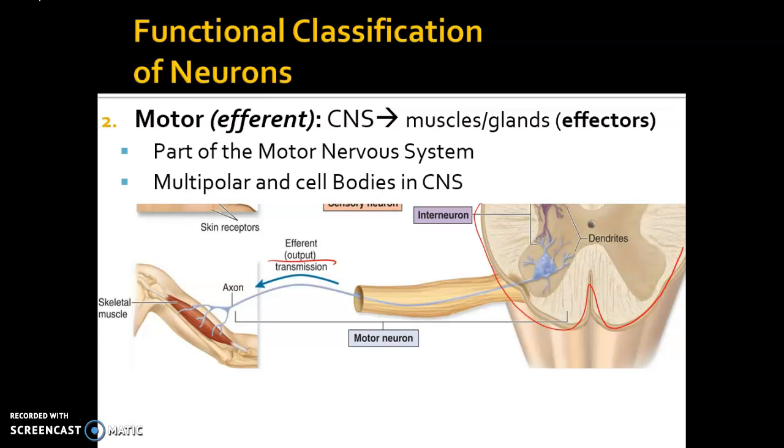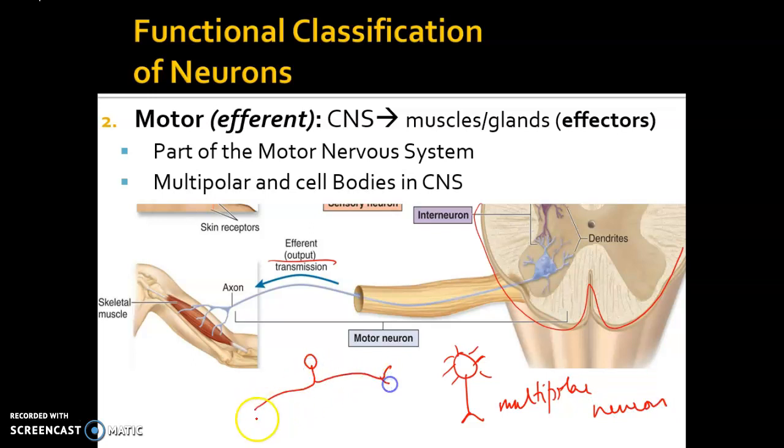Now, another thing. The interneuron and the motor neuron look like this. Right? This is called multipolar. Structurally, this is a multipolar neuron. And if you remember the sensory neuron, it looked like this.